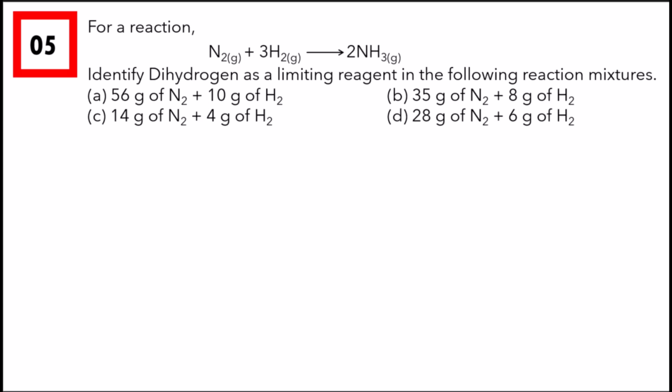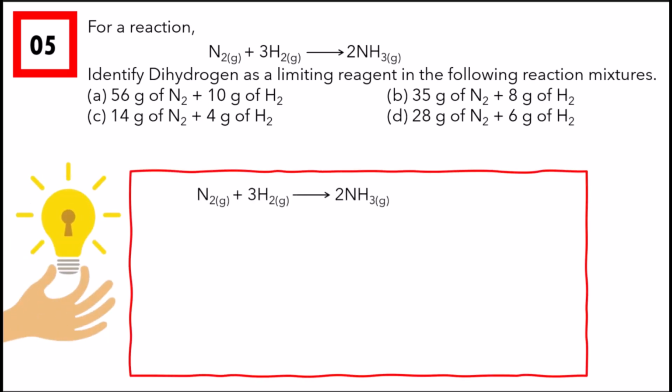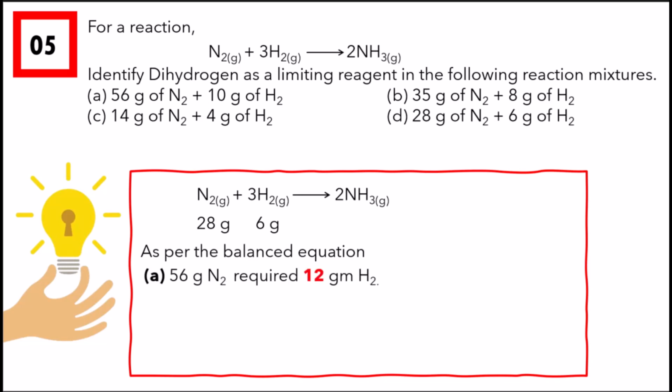This is a question based on the limiting reactant and excess reactant concept. The equation is given. Based on that equation, first we calculate the proportion of nitrogen and hydrogen in gram. 1 mole of nitrogen reacts with 3 moles of hydrogen, that is, 28 gram of nitrogen reacts with 6 gram of hydrogen. As per the balanced equation, in option A, 56 gram nitrogen requires 12 gram hydrogen. Why? It's very clear from the stoichiometry: 28 gram demands 6 gram, therefore 56 gram demands double of 6, that is 12 gram.